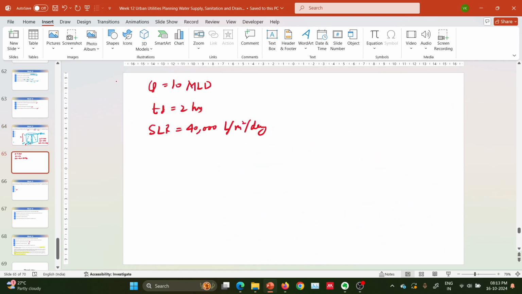First we'll calculate the volume required from these two data. Volume equals discharge times 2 hours. That is 10 to the power 7 liters, which is 10 to the power 4 meter cube per day, converted into meter cube, times 2 divided by 24 days.